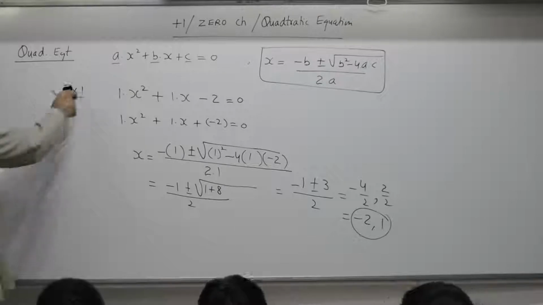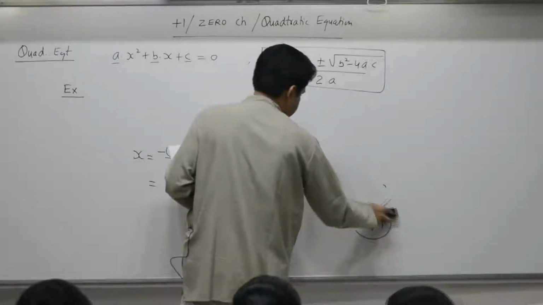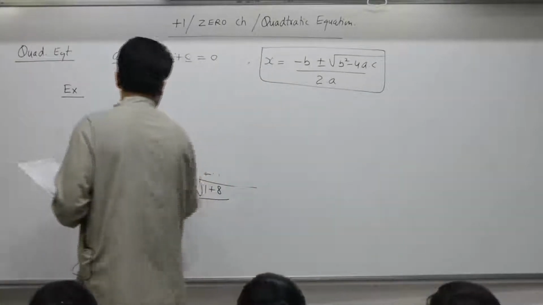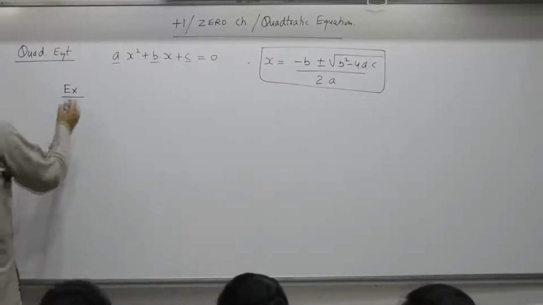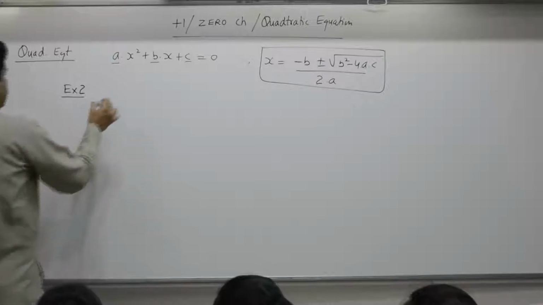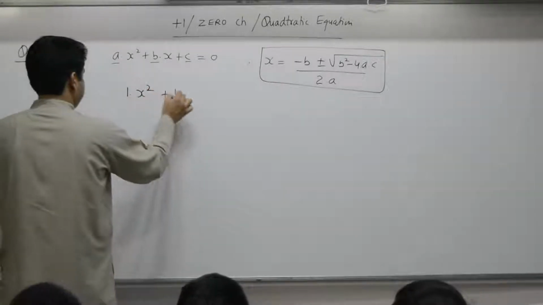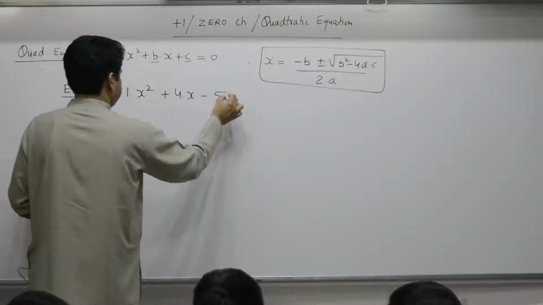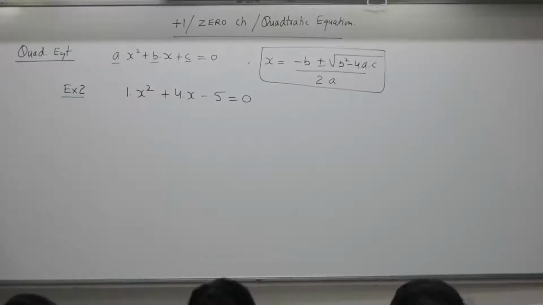Example number 2. One x square plus 4x minus 5 is equal to 0. Find value of x. Time 2 minutes. बोलना किसी ने नहीं, अपना अपना आंसर बॉक्स में लिख देना.